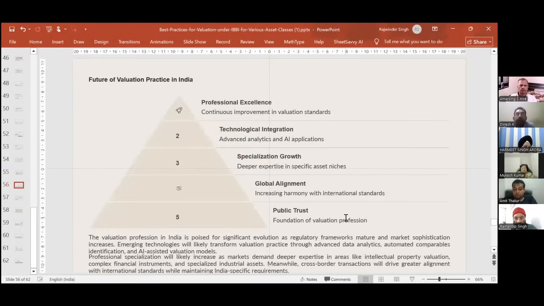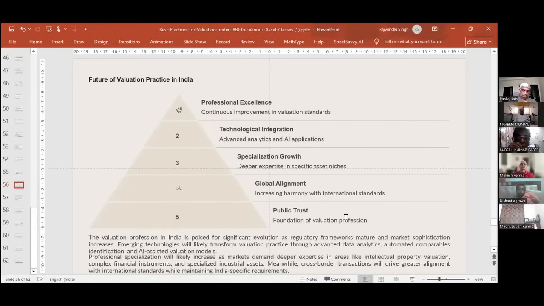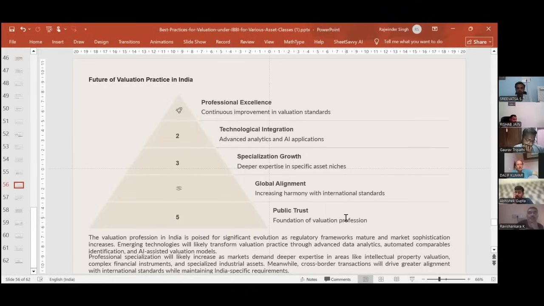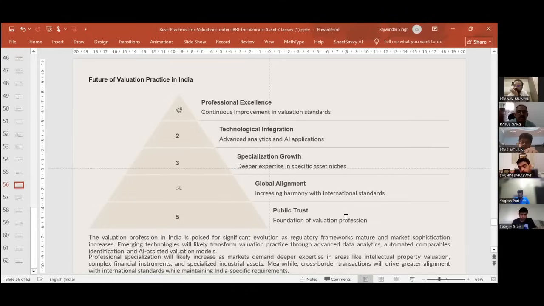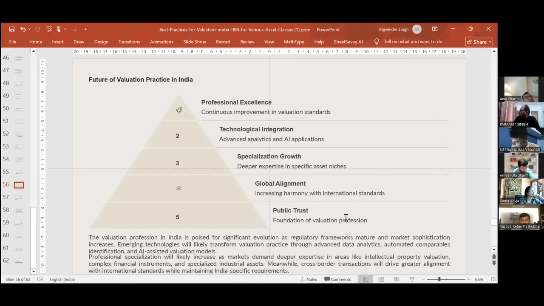Now we will discuss the future of valuation practice in India. As you know, IBBI has transformed the valuation scenario in India from an unregulated professional field to a regulated professional field. With the continuous improvement in valuation standards, we are moving towards professional excellence as in the developed countries.